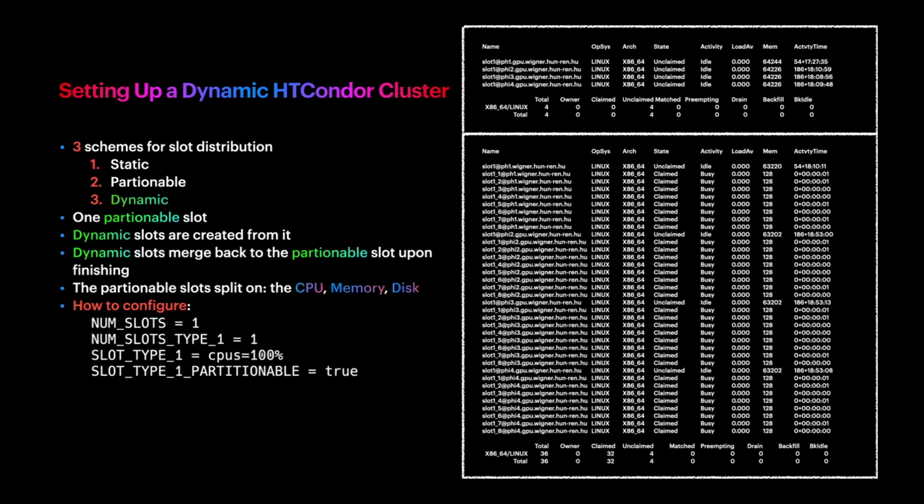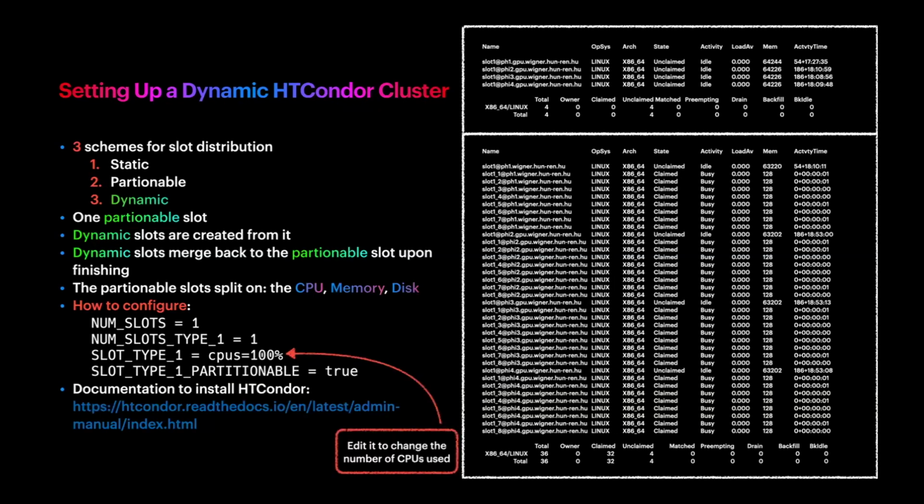Yes, and it's not that hard to actually configure. You just have to give a few lines to the HTCondor config file. Technically, we had 272 virtual CPUs per execute node. I left 22 for the system to not overflow it with jobs.